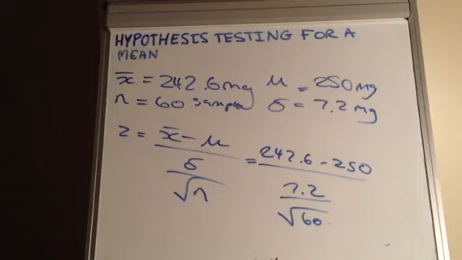So if we were to do this, 242.6 on a calculator, take 250, and then that's over, using the fraction bars I generally use, 7.2 over square root 60. We get quite a significant z-score there as well.